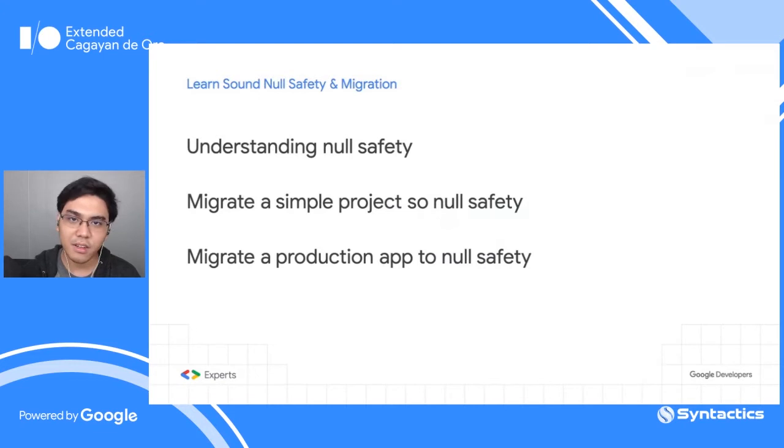And again, our agenda is for you to understand in a nutshell what null safety is, because our primary focus here is to understand the thought process for you to be able to migrate an existing Flutter app. For example, we'll start with a very simple project. You'll see how straightforward it is for simple projects to get migrated to null safety.